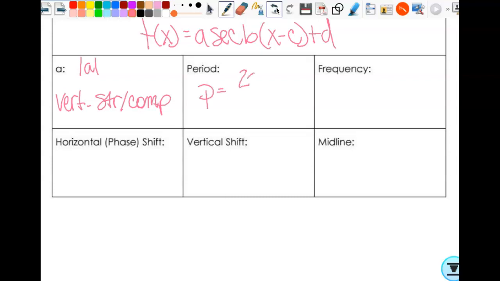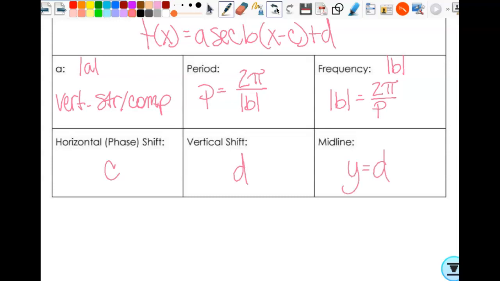Period. This would be 2 pi divided by the absolute value of b. Frequency is the absolute value of b, which is also 2 pi divided by the period. C, D, y equals D.